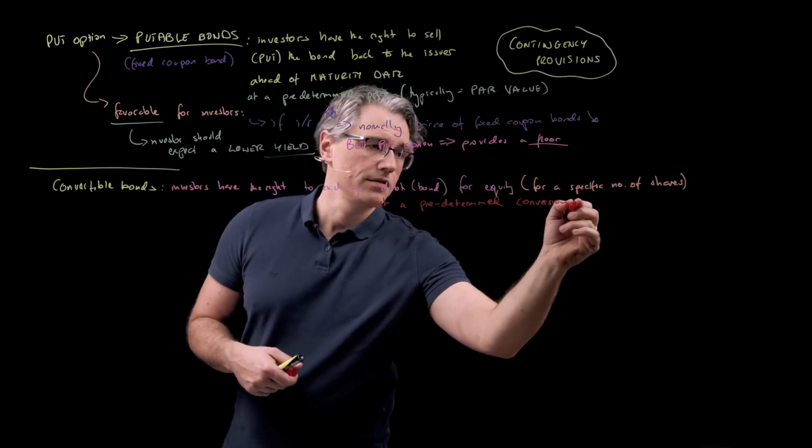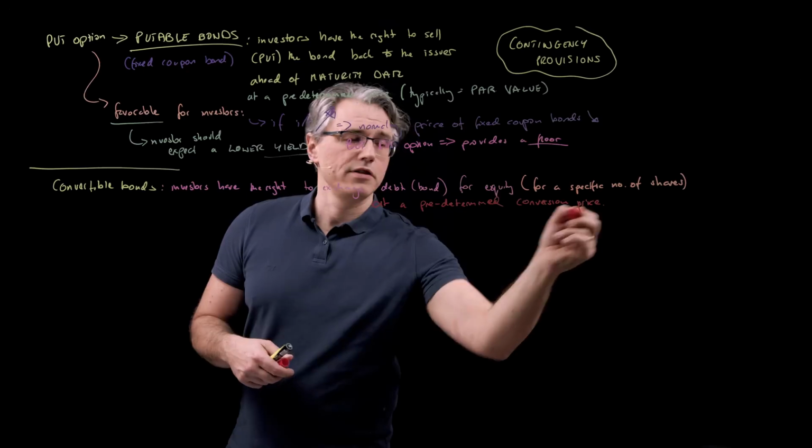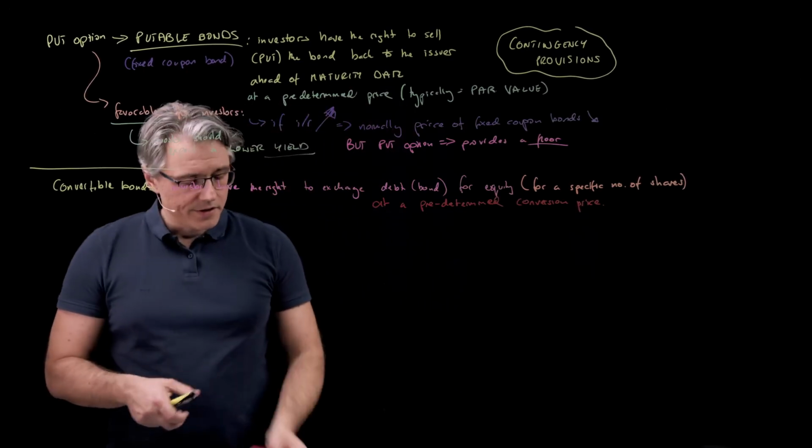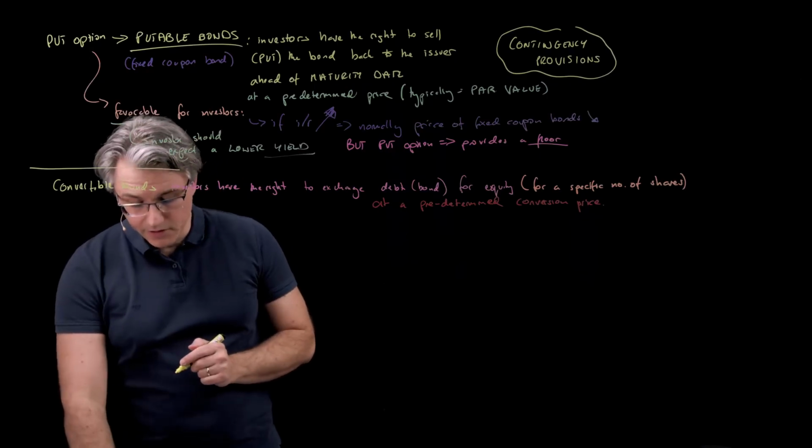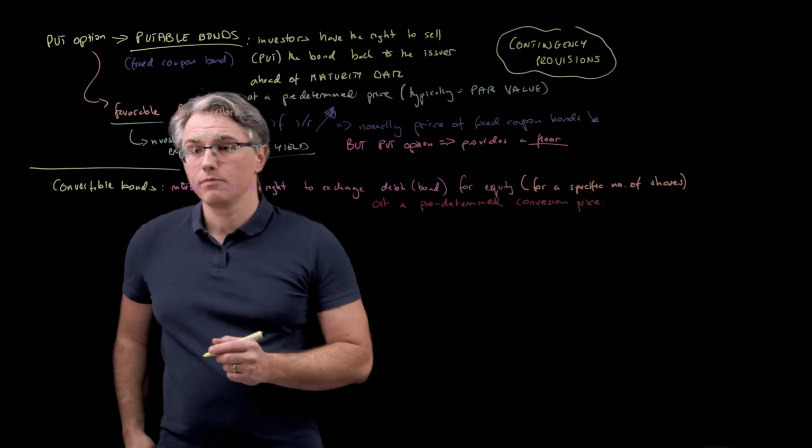And this is something you need to be comfortable with, this conversion price idea. Your curriculum contains some very light numerical examples. Let me kind of show you how this works.